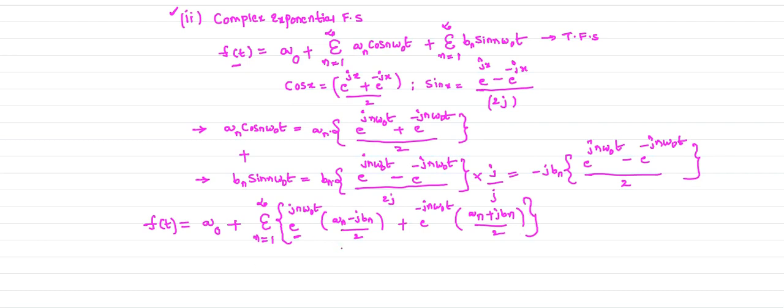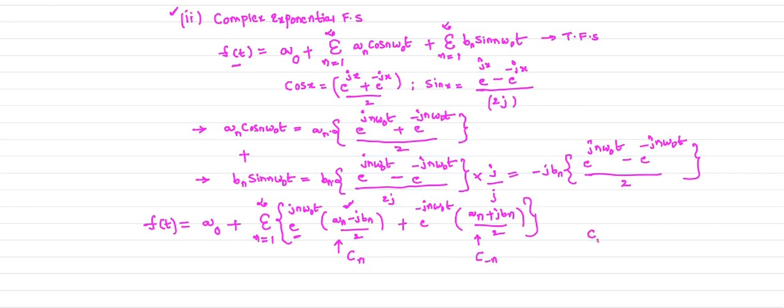Now let us consider an minus jbn by 2 is equal to cn. If we observe here, this second factor, an plus jbn by 2, is the complex conjugate of this one. Therefore I can write this expression as c minus n.